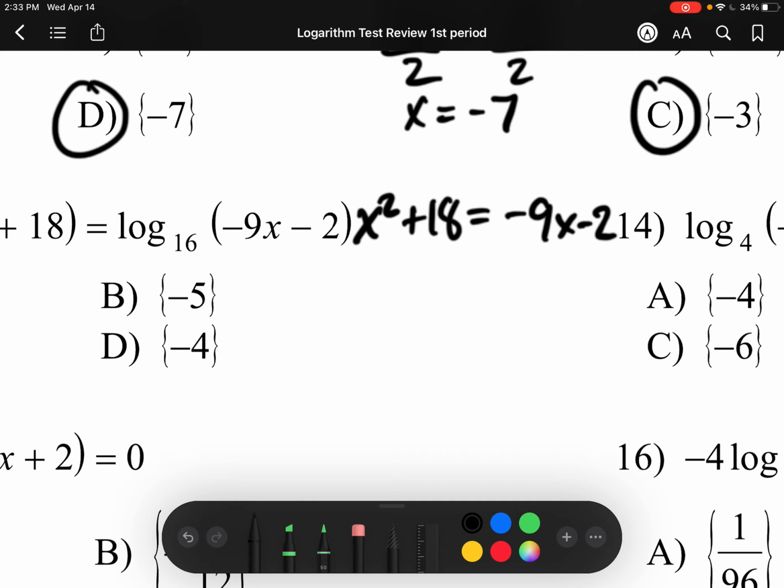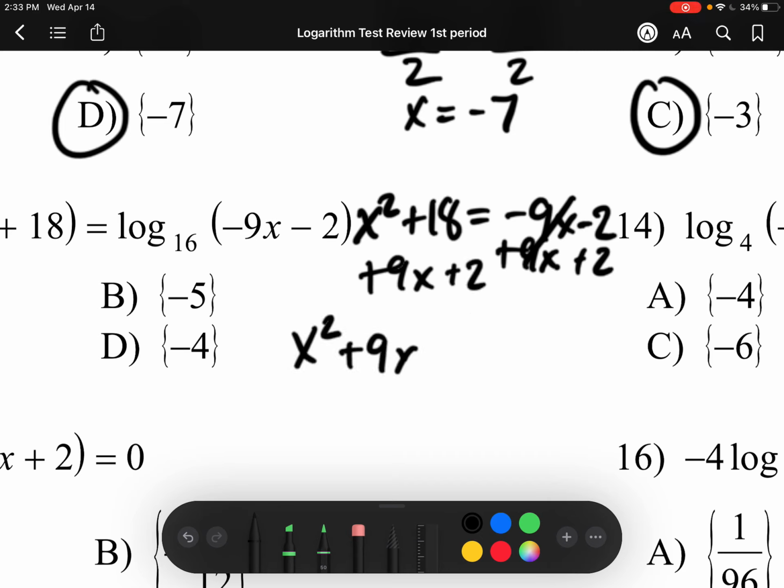And when you're factoring, you want to make sure that everything is on one side of the equation and the other side is 0. So I'm going to add 9x to both sides, and add 2 to both sides. So we get x squared plus 9x plus 20 is equal to 0.